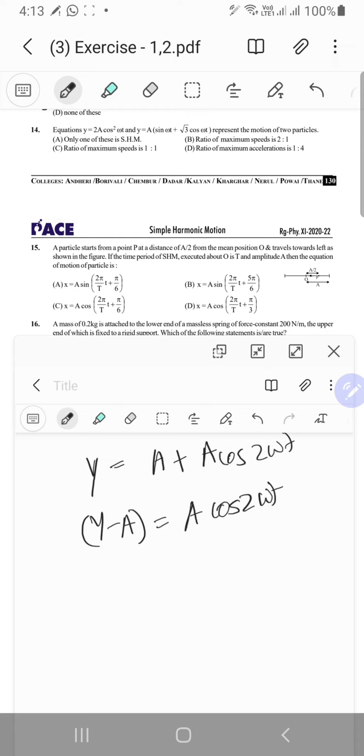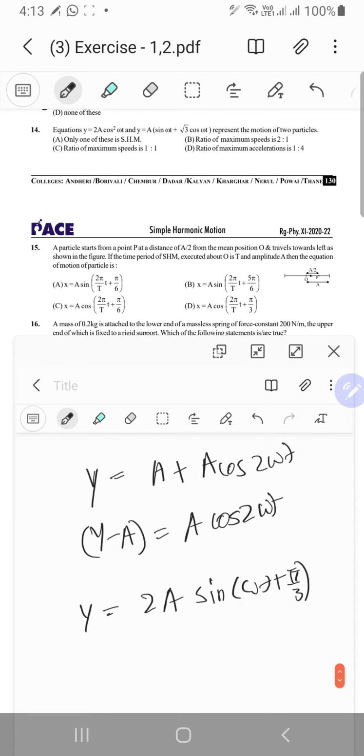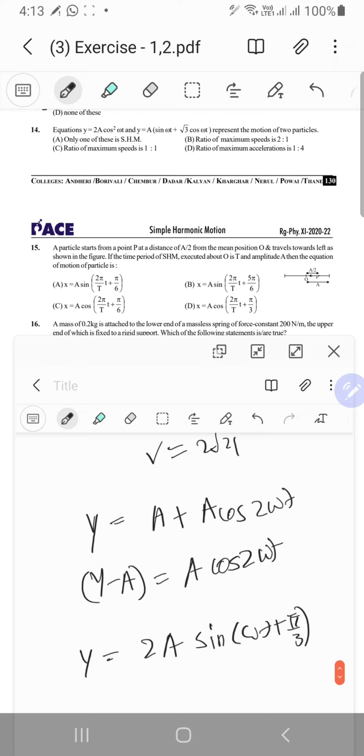Okay, and the other, y equals 2a sine of omega t plus pi by 3. Fine. Ratio of maximum speeds, ratio of maximum acceleration, ratio of maximum. Only one of these is in SHM? No, both of them are in SHM. Ratio of maximum speeds. Okay.